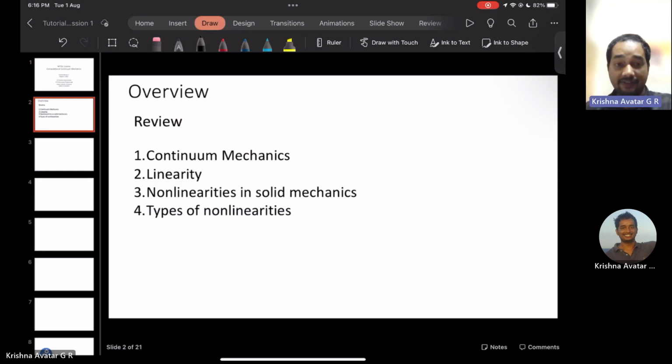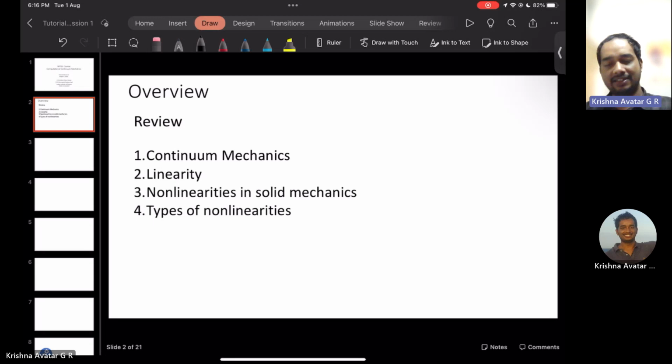In today's session, we would be reviewing what continuum mechanics is and the wide usage of this very rich branch of mechanics and also of maths, so to speak.